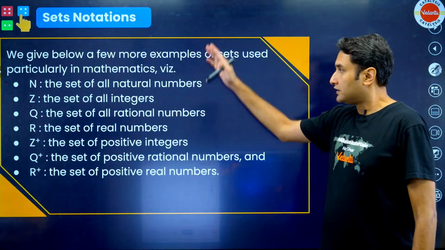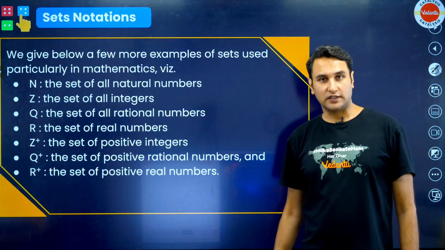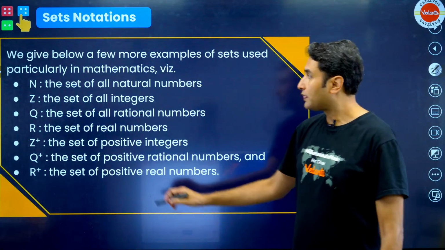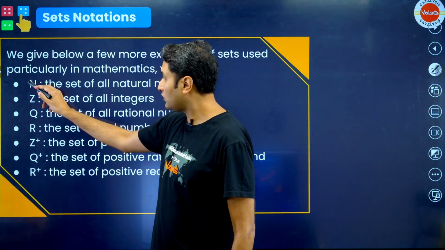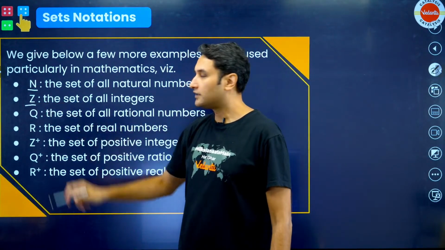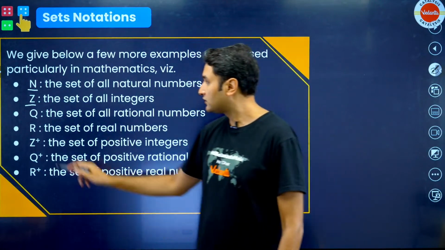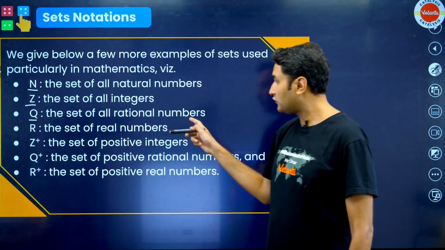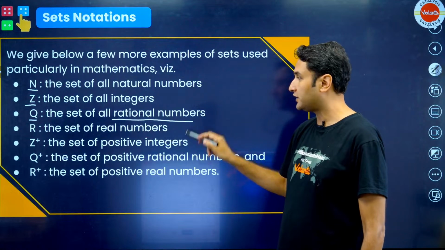Now, these are some of the notations that you will see and that we will use. N, set of all natural numbers; Z, set of all integers; Q, set of all rational numbers. Please keep this in mind.